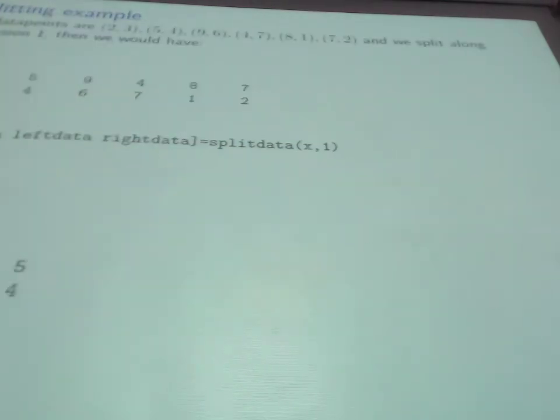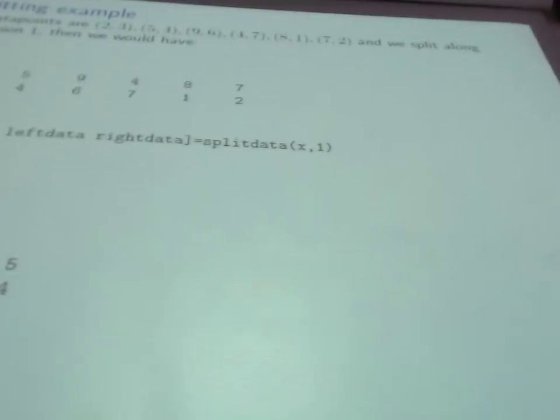To give you an example, here's one. So this is our two-dimensional data set X, and I call this routine split data in this case along dimension 1. So you look at the first line, 2 5 9 4 8 7, and basically you find, let's say, the median value here. What is it? Okay, it's 7 apparently. 2, 4, 5, 7, 8, 9.